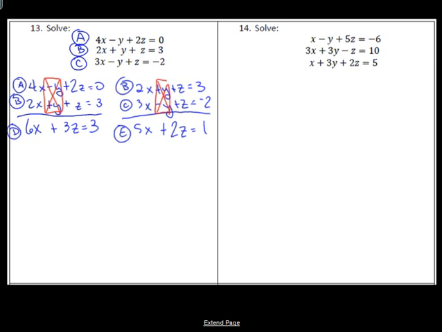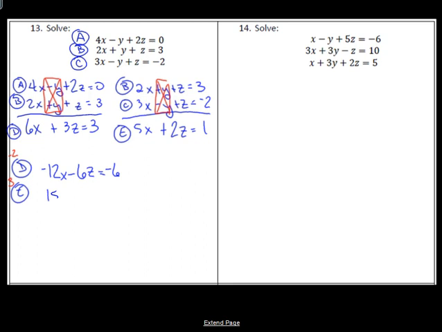I now have to put equations D and E together. And in doing so, I am going to have to multiply these by something to make one of them be eliminated. I'm going to eliminate my z variable, so I multiply equation D by a negative 2, and my equation E by a positive 3. So I now have negative 12x minus 6z is equal to a negative 6.